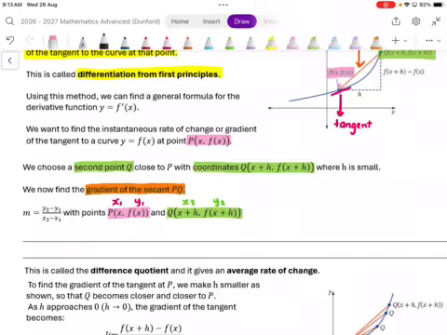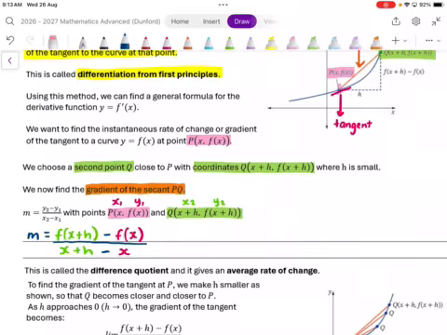So our gradient is going to equal our y2, which is f of x plus h, minus our y1, which is f of x, all over our x2, which is x plus h, minus our x1, which is just x.